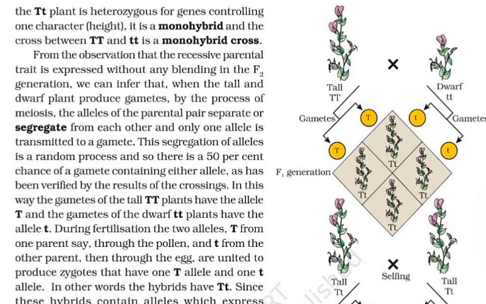In this way, the gametes of the tall, that is capital T plants, have the allele T, and the gametes of the dwarf, small t plants, have the allele small t. During fertilization, the allele T from one parent through the pollen, and the small t from the other parent through the egg, are united to produce zygotes that have one capital T allele and one small t allele.